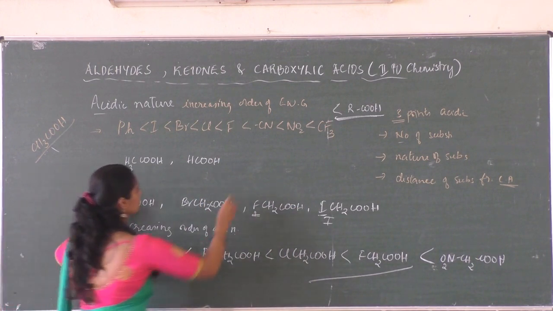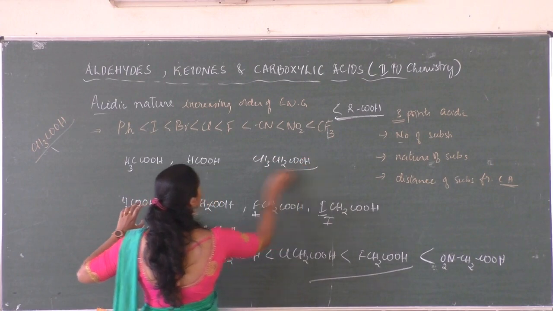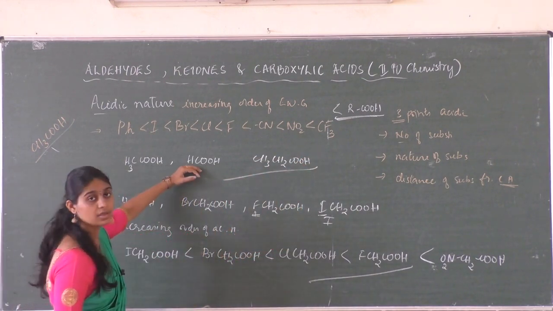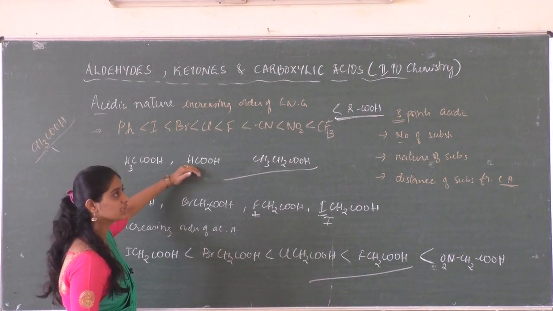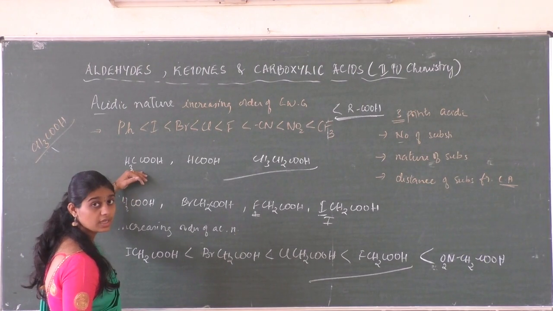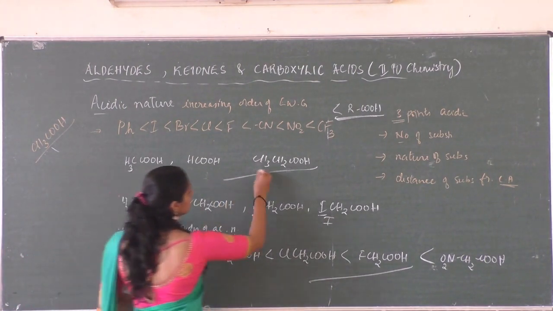Here we have hydrogen, carboxylic acid is attached with the hydrogen; here it is attached with the electron releasing alkyl group, and here it has an ethyl group.